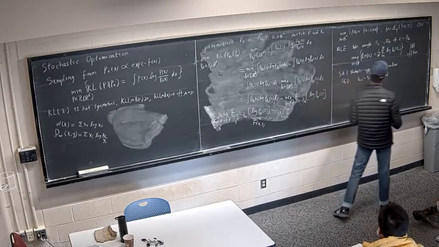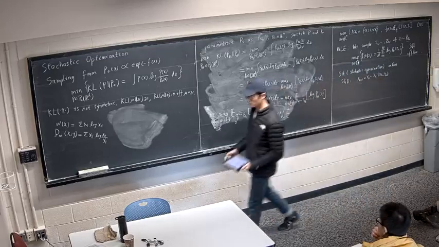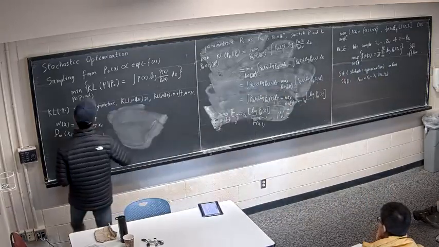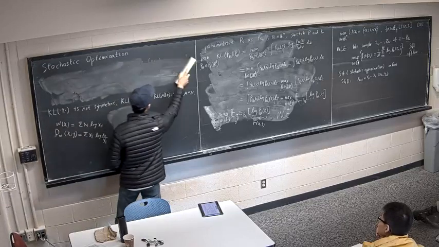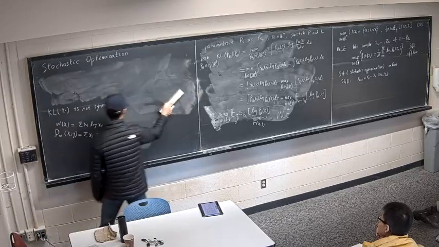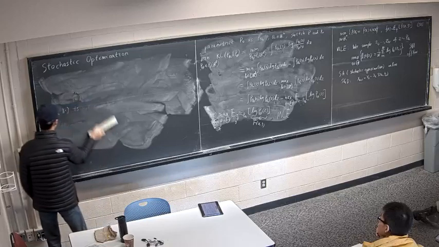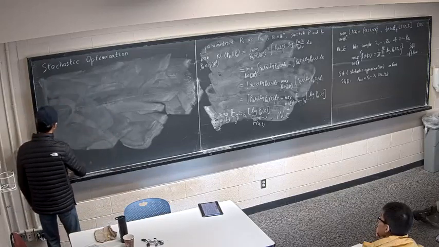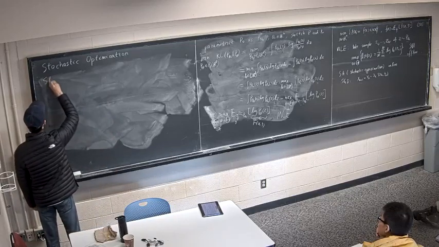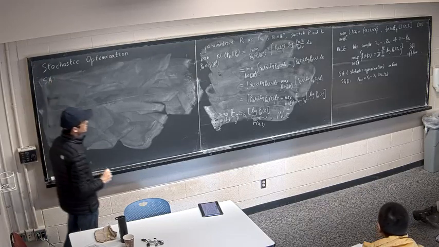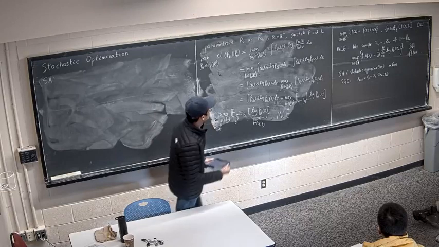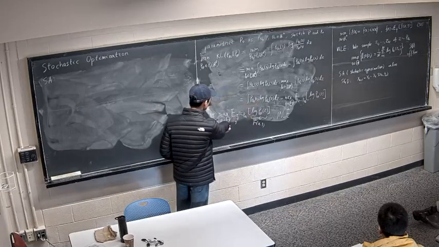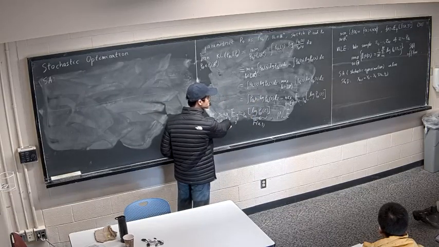So let's first talk about the first approach, SAA. Intuitively, if you take a large number of samples, then the SAA will be close enough to the stochastic optimization problem.